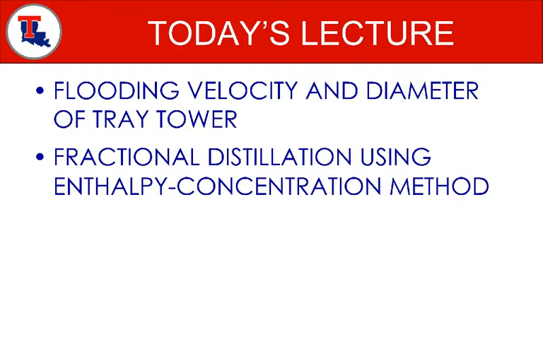Whatever we learn today about design of these tray towers holds true even for absorption and stripping processes. So if you were to design a tray tower for absorption, you would still use the correlations that you study here. Vice versa, for designing pack towers for distillation, you still use the knowledge that you learned in absorption.